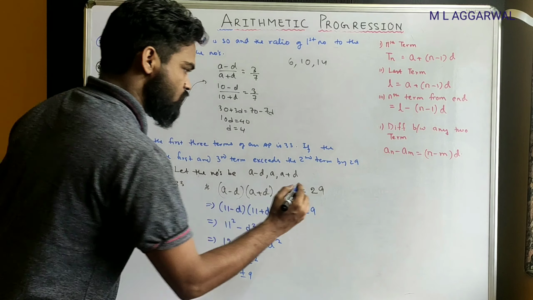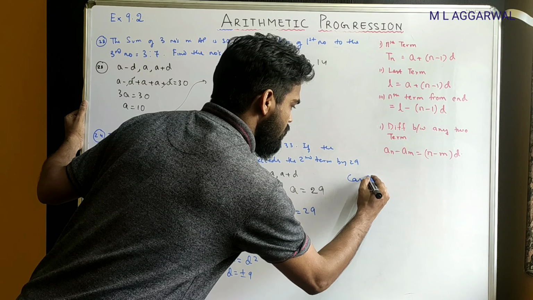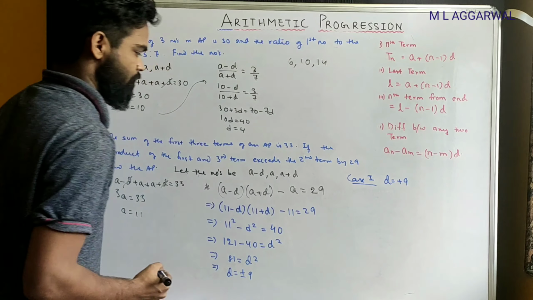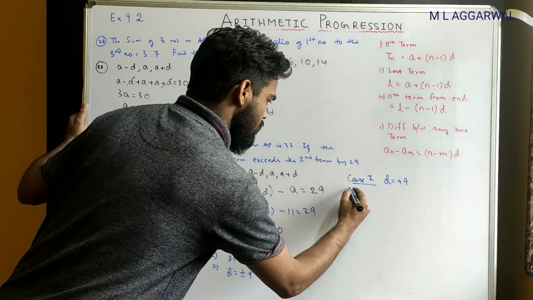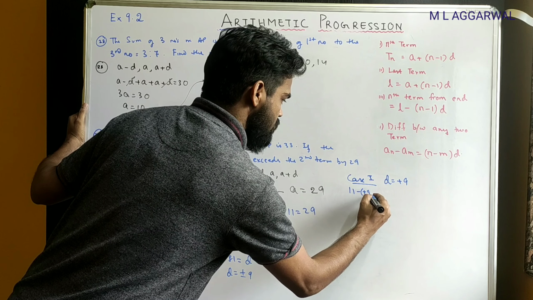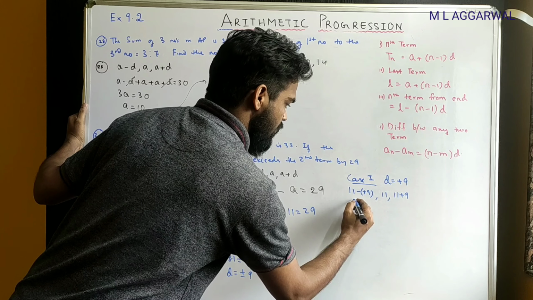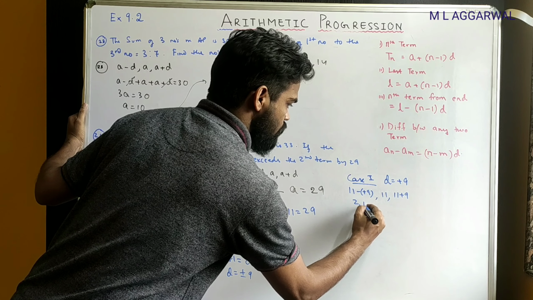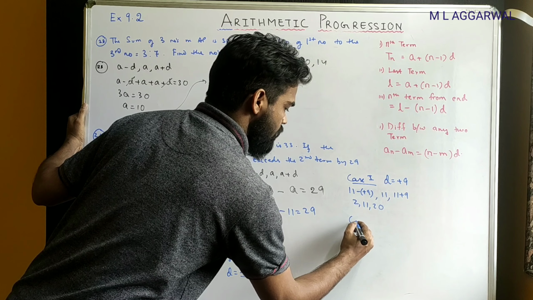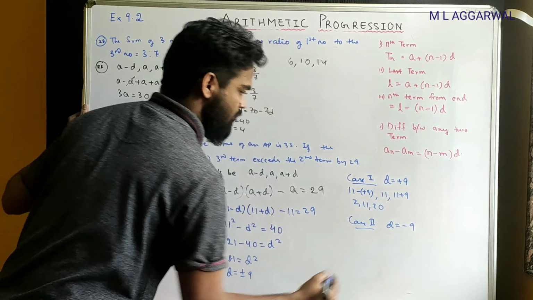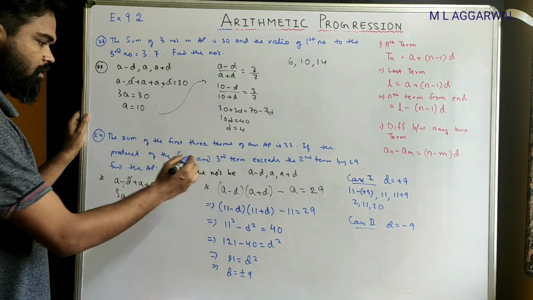So look at case 1. When I take d as plus 9, I'll put it over here: 11 minus 9, 11 and 11 plus 9, that's 2, 11 and 20. And case 2, I'll take d as minus 9. So what is my situation?